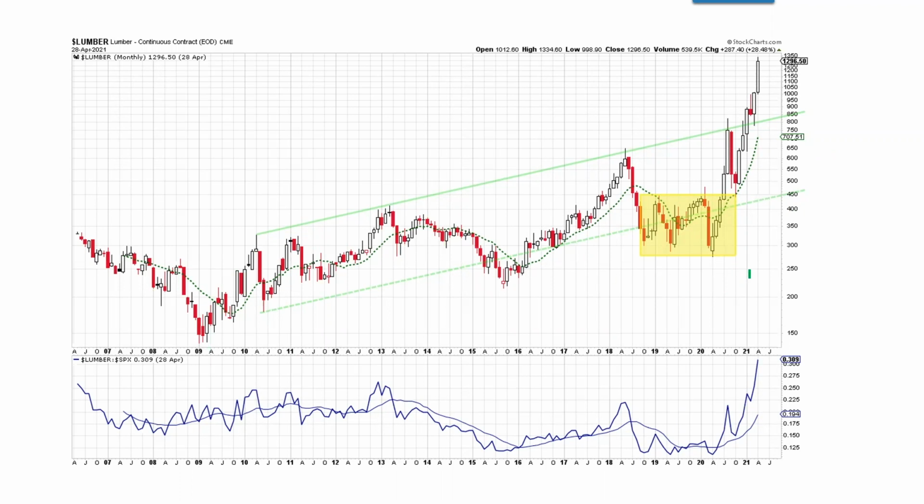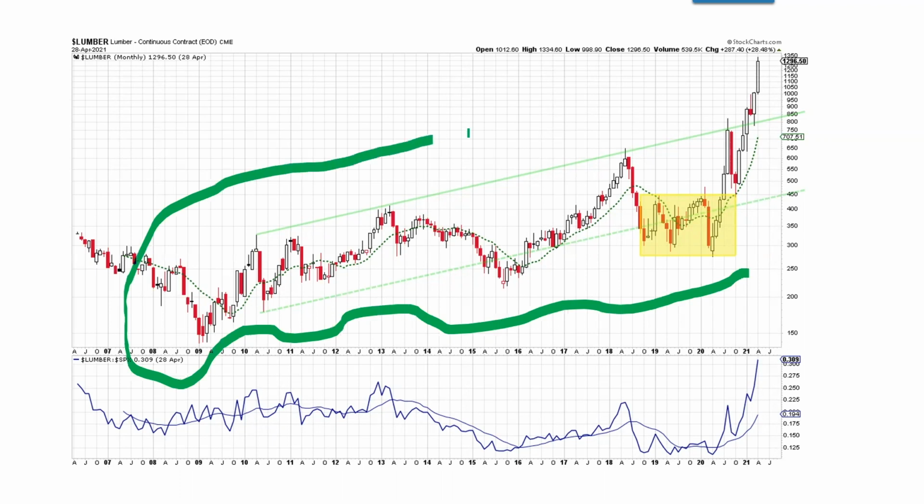It's really pretty gentle, and this is maybe a big campaign structure that we're talking about here, because look what happens. There's one last pullback into a last point of support. This could all be accumulation, and then there's a huge change of character into a massive uptrend where lumber goes from under 300 and now is at, call it 1300.